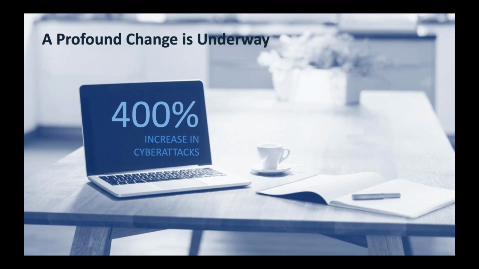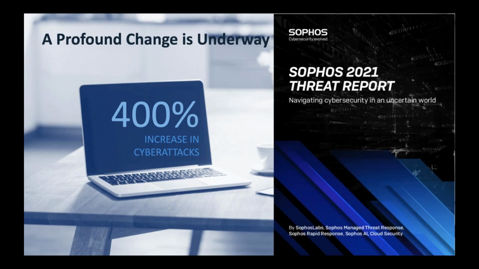Interpol is also seeing similar numbers, so it's common across jurisdictions. Cyber attacks are really on the increase, and they're targeting all kinds of different businesses, corporations, governments, infrastructure, you name it. Nobody is immune. And this is supported by our recently released annual threat report.